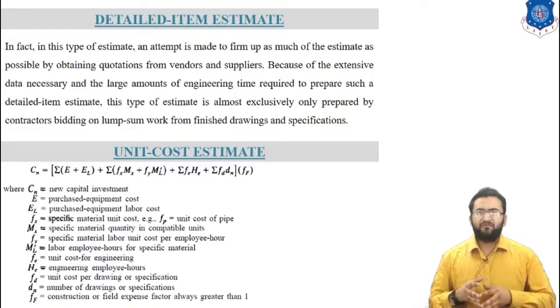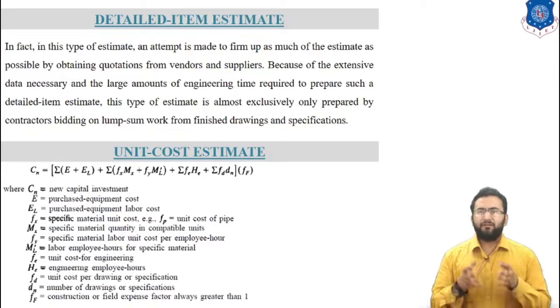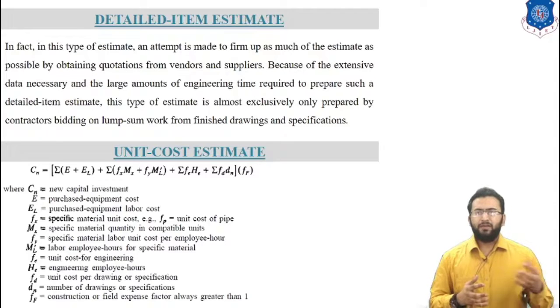Accurate estimation of engineering drafting, field supervision, employee hours, and field expenses must be detailed in the same manner. Complete site survey and soil data must be available to minimize the error in site development and construction estimation. In fact, in this type of estimation, an attempt is made to firm up as much of the estimation as possible by obtaining quotations from vendors and suppliers.